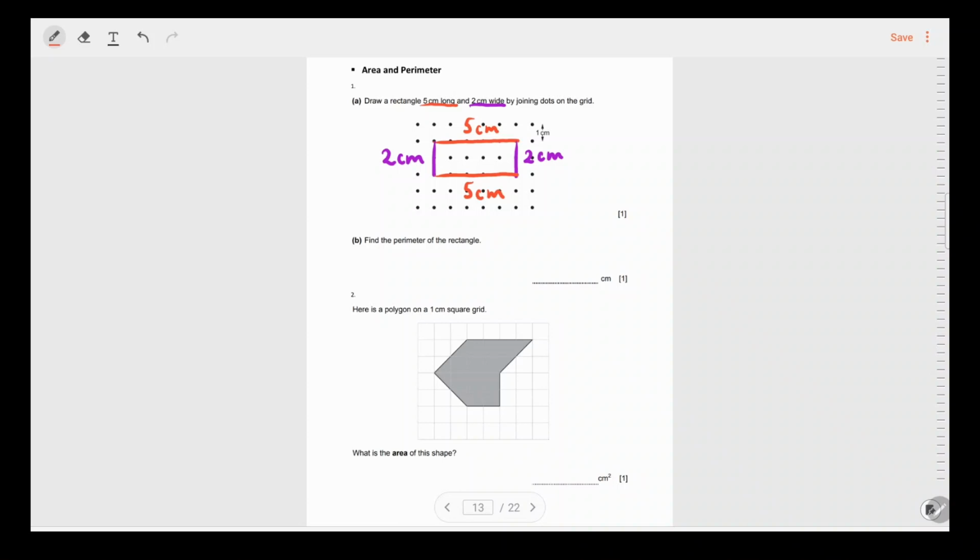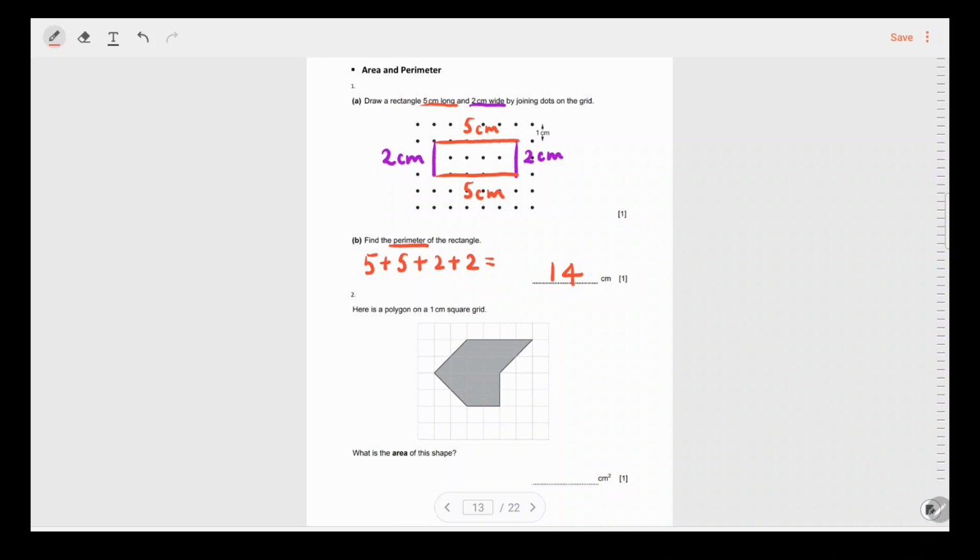And then in order to find the perimeter, which is basically the outline of the shape, we add all the lengths. So that's 5 plus 5 plus 2 plus 2, which is equal to 14 centimeters.